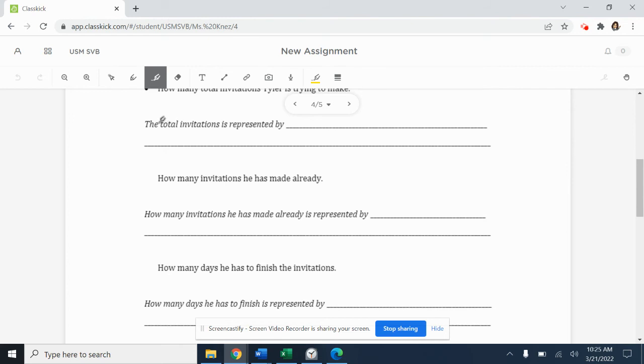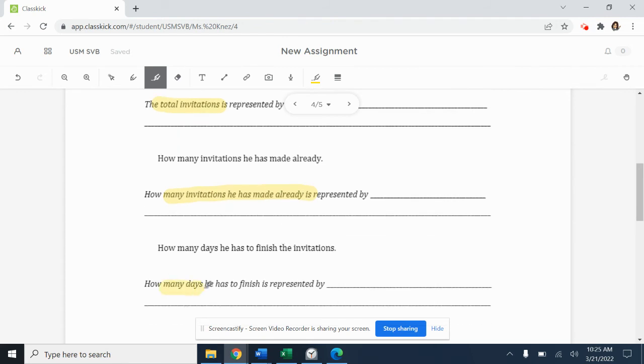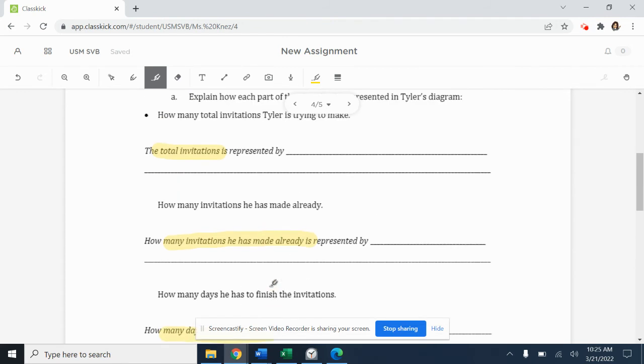What part of the diagram represents total invitations? What part represents how many invitations he's already made? And what part represents how many days he has to finish? Go ahead and pause this video and finish those three sentences.